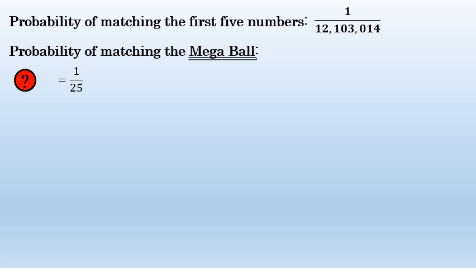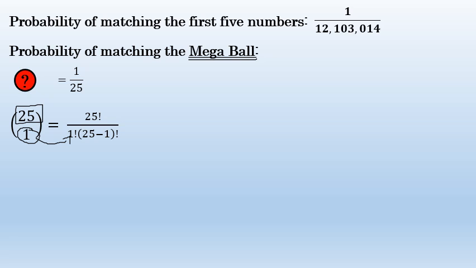We could apply the combination formula to this. Drawing one value from a possible set of 25 would be written as a combination, 25 choose 1: 25 factorial over r, 1 factorial, times n minus r factorial, 25 minus 1 factorial.